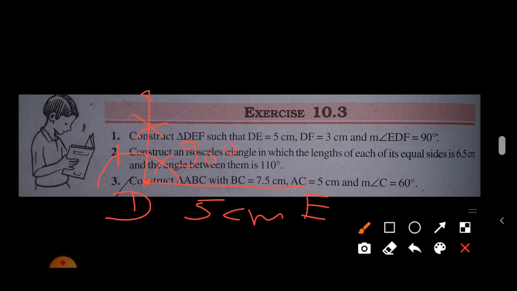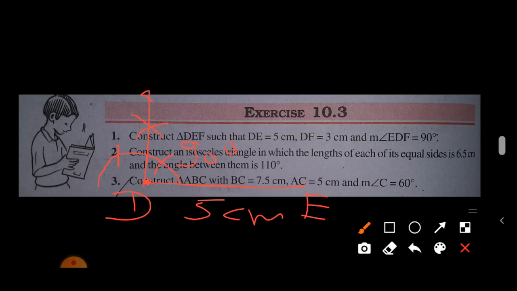Then DF equal to 3 centimeter. So now we open our rounder 3 centimeter and then we put the metallic point of the rounder on the point D, and from this D we draw one arc on this perpendicular of 90 degree, taking the radius 3 centimeter.